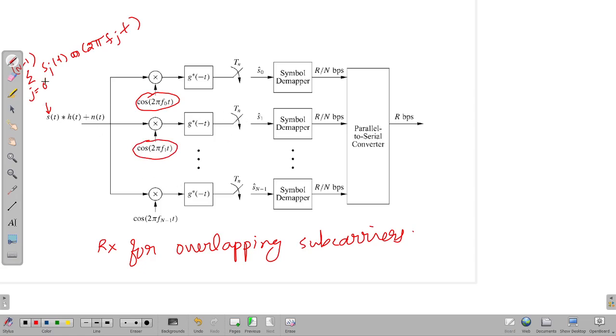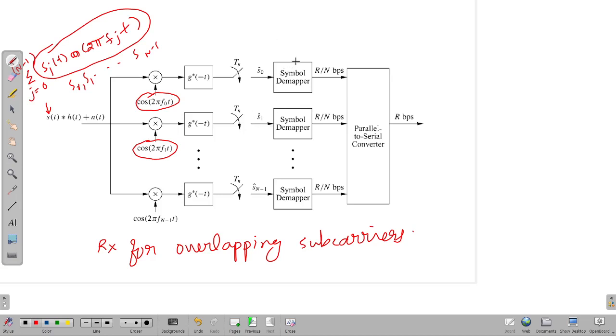And from this composite signal, which is an addition of all the symbols s naught, s1 up to sn minus 1, we are able to multiply this s of t with the corresponding subcarrier frequency, and we are able to extract that particular symbol that you need here.